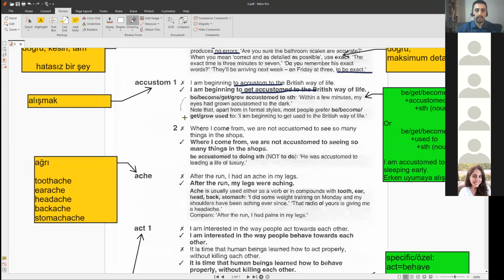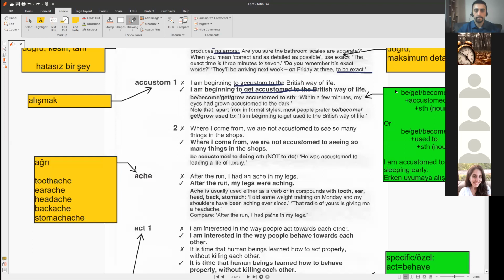Please read these examples. Number one. Be, become, get, grow accustomed to something. Within a few minutes, my eyes had grown accustomed to the dark. Note that, apart from informal styles, most people prefer be, become, get, grow used to.